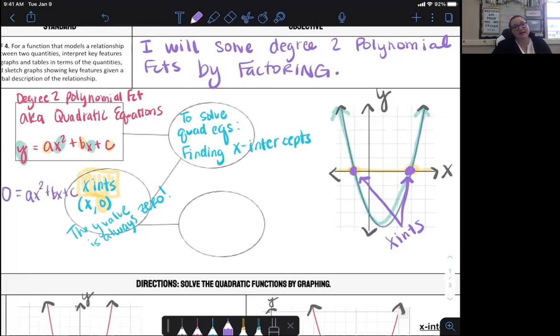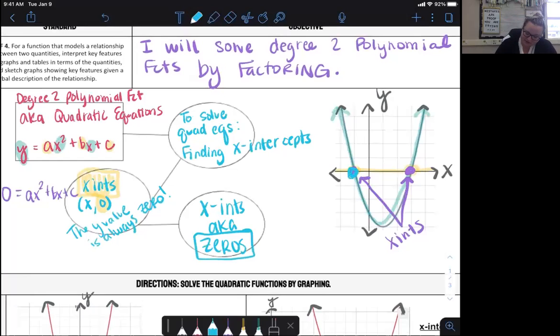So 0 equals ax squared plus bx plus c. And then just another thing that you need to know is that x-intercepts are also called zeros. And the reason why is because they make the equation equal to 0.